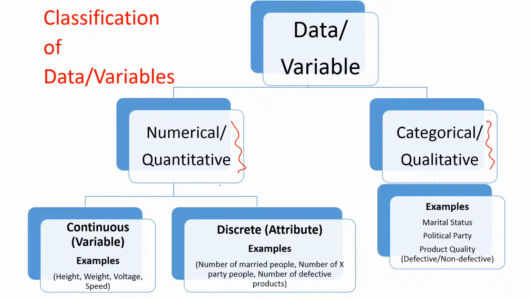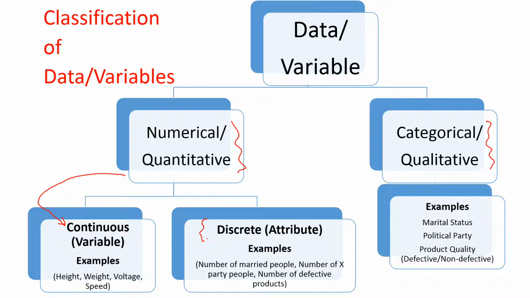Now, the quantitative variable can be divided into two types. One is continuous variable, which you can think of as the height of a person or weight of a person, 160.356. So it can be continuously varied. Now, discrete variable, on the other hand, is the number of married people, number of certain political party affiliated people, number of defective products, things like that.